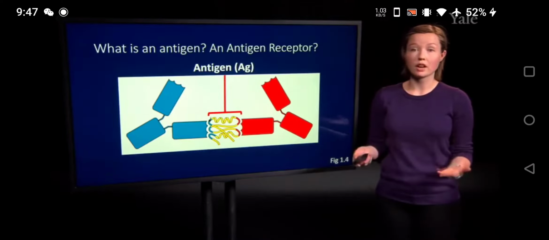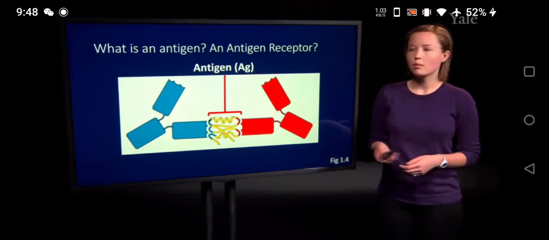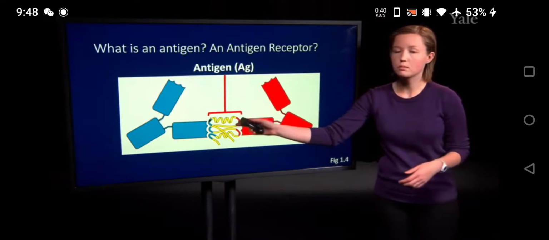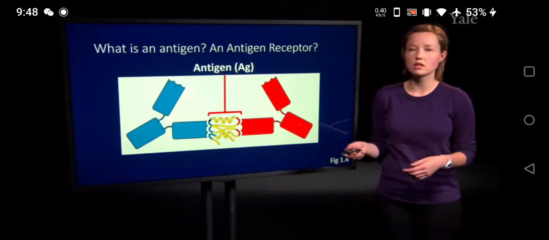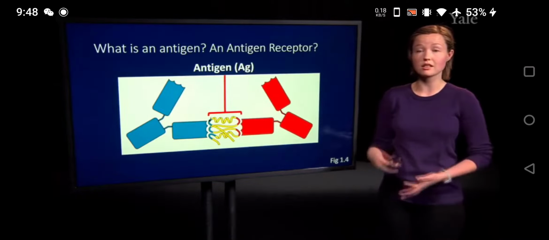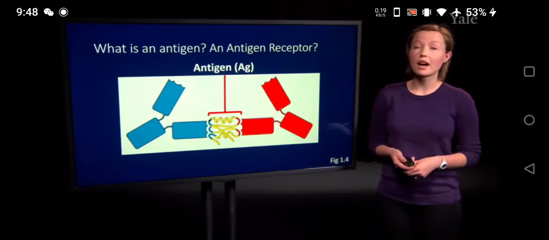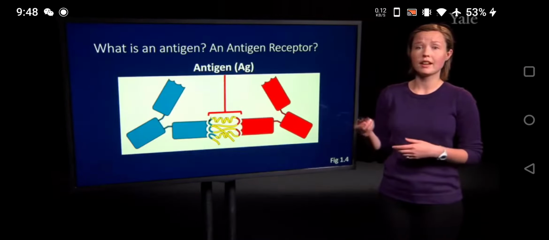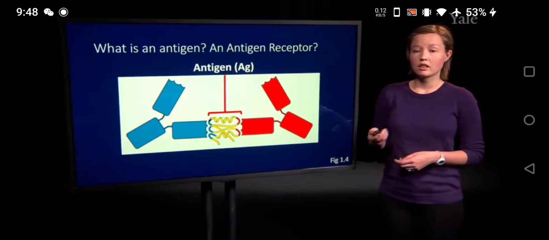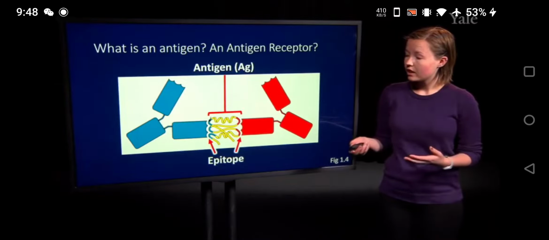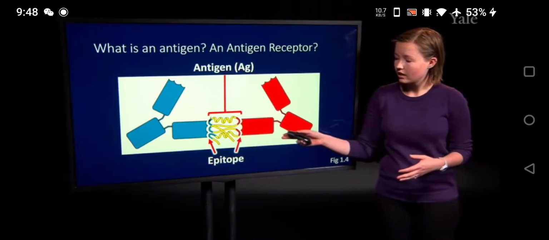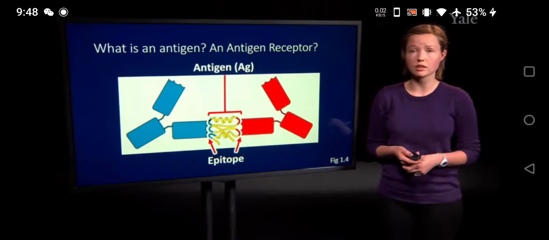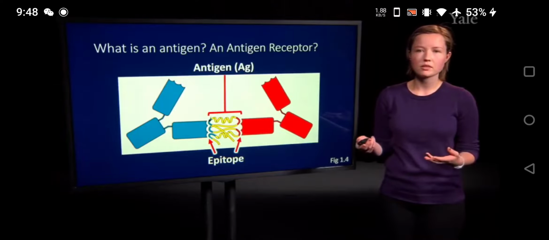But what's important to see here is that they are interacting with this protein molecule, and this protein molecule in this instance, because it's being recognized by a lymphocyte antigen receptor, is referred to as an antigen. To get a little bit more specific, the region that is actually in contact with the binding sites of the lymphocyte antigen receptors are referred to as epitopes, which is another term that is often used by immunologists.